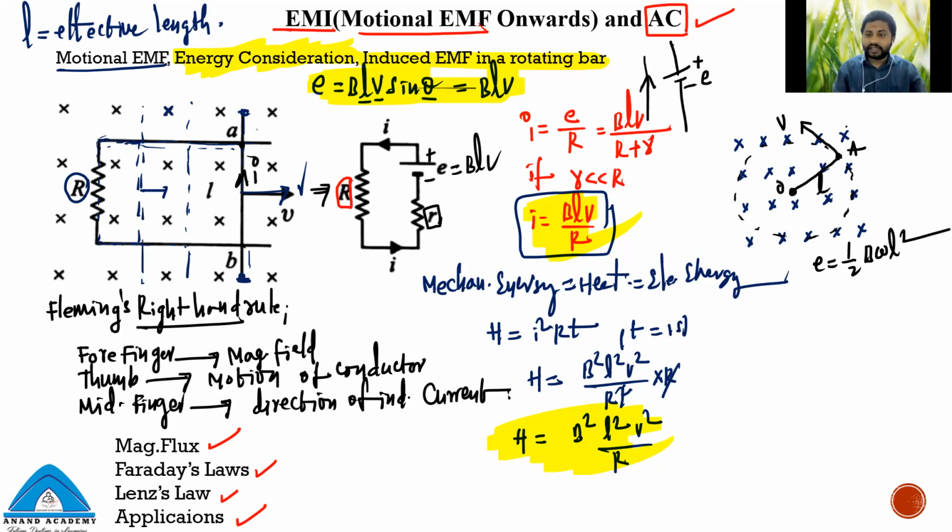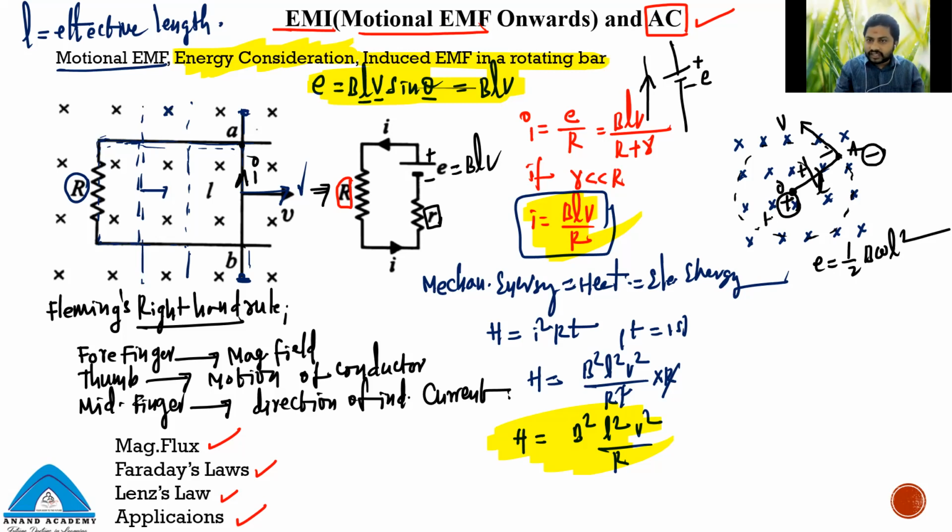Now listen carefully here. Here also, if you apply Fleming's right-hand rule, the magnetic field is into the plane and the motion of the conductor is along the linear velocity, and you see the induced current is directed from A to O. So that means this is the induced EMF, positive terminal and negative terminal. So O is at high potential, A is at low potential.